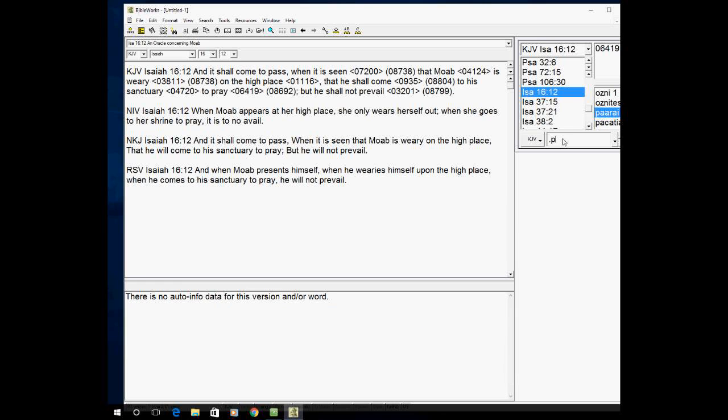Prayer. See if it comes up. Nope. Too slow. Okay. I think we're taxing your computer system here. It won't let me get to that point.